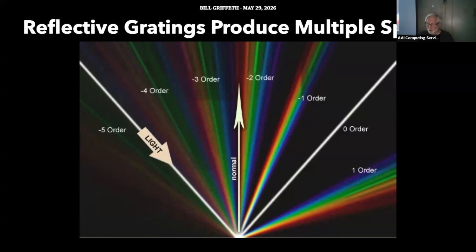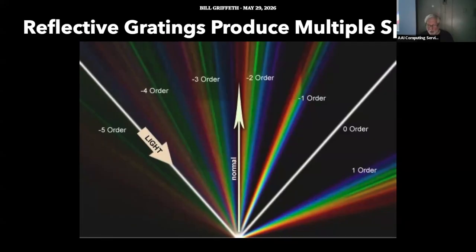The lower orders are brighter, but higher orders give better separation of colors, which is why we're interested in gratings in the first place. So compare the lower order -1 with the higher order -4, and you can see that we're already getting better dispersion, but lower brightness.